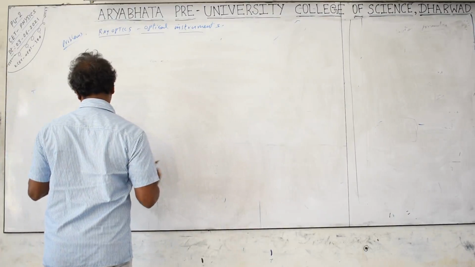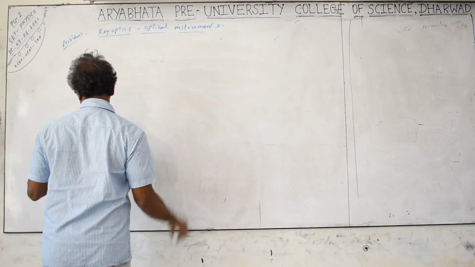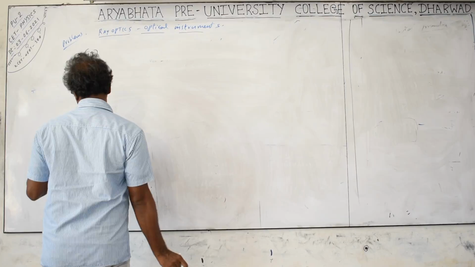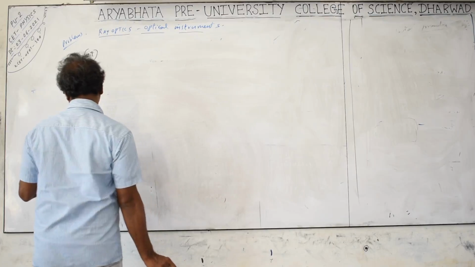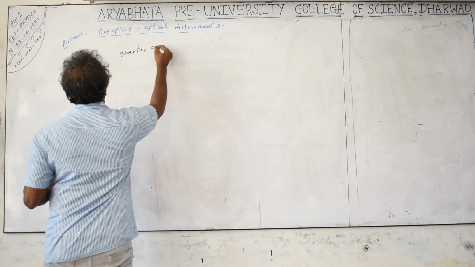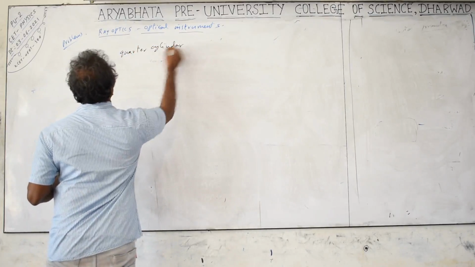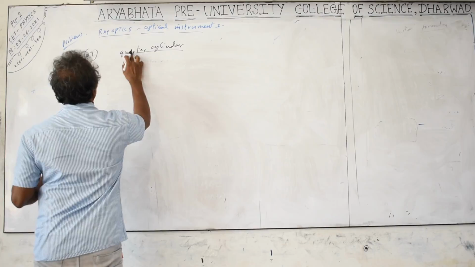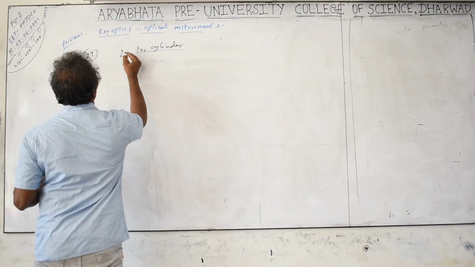It's not actually a prism shape, but a different shape, not triangular. The prism is in the shape of a quarter cylinder of radius r. Again, we have taken the quarter cylinder, one fourth of the cylindrical portion.